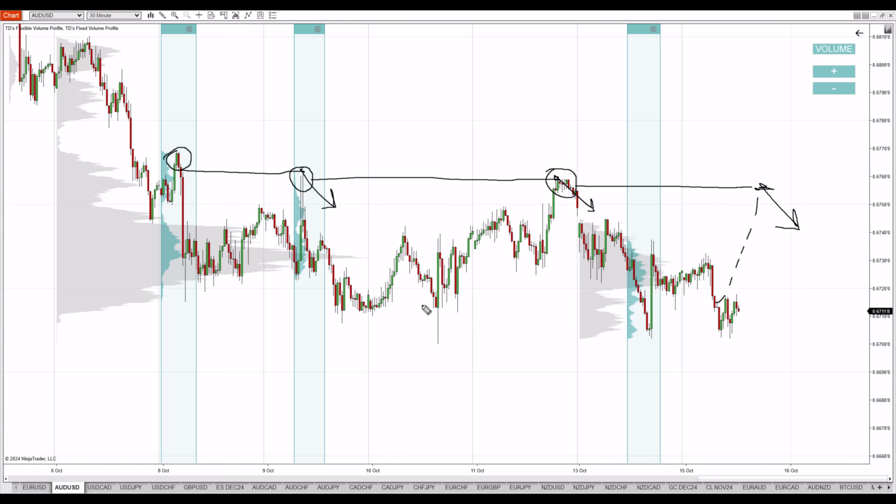For longs, you want to look for swing points like these and look for trades that would look like this one, right? Because this shows a support and the price is likely to react to that support, right?